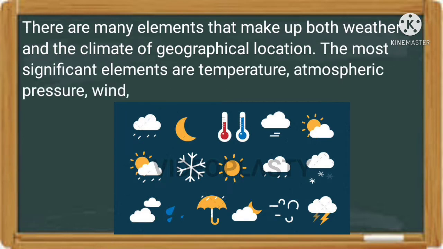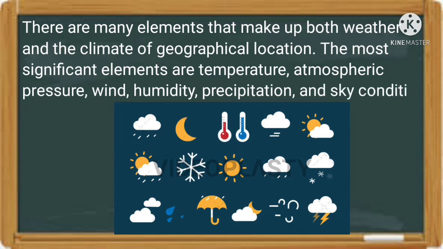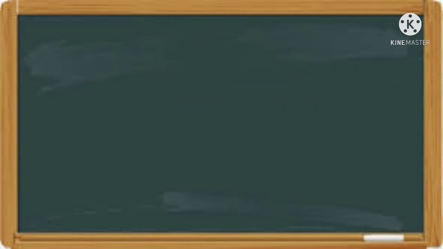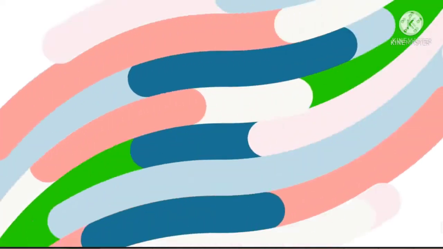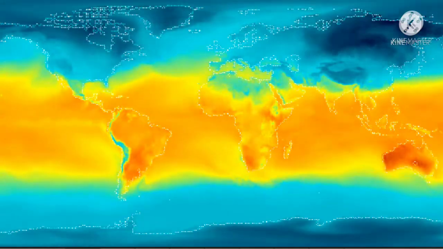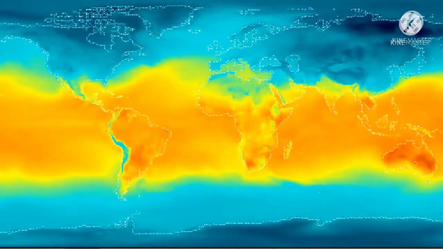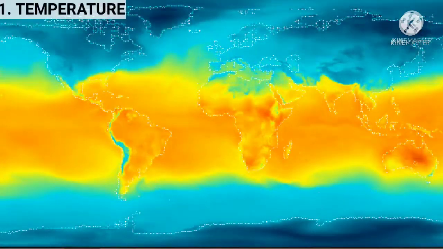The most significant elements are temperature, atmospheric pressure, wind, humidity, precipitation, and sky condition. Let us discuss first number 1, temperature.